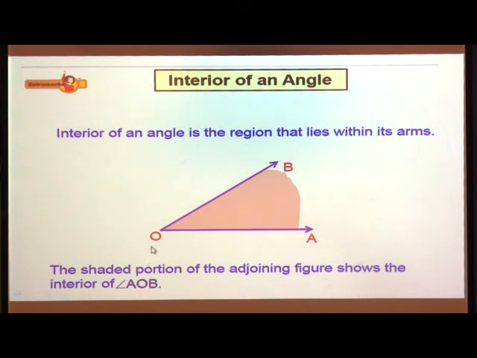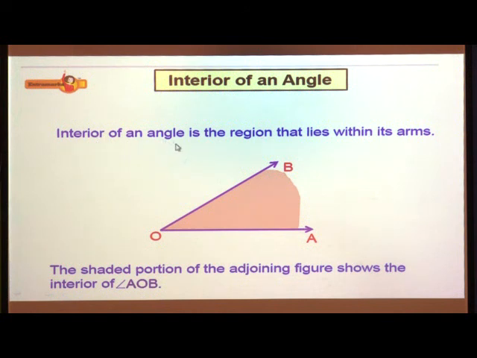O is the vertex because it is the meeting point, and OB and OA are the arms, also called sides or rays. The part lying inside the arms is called the interior of an angle.